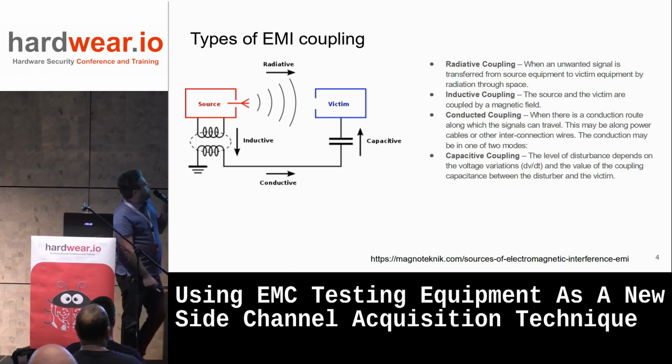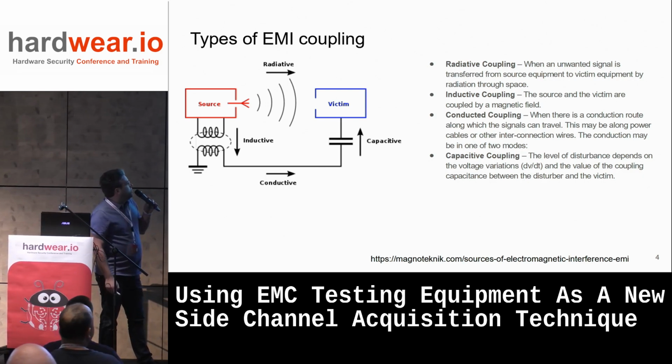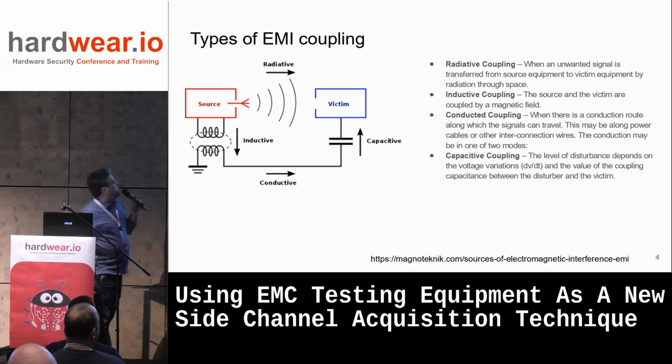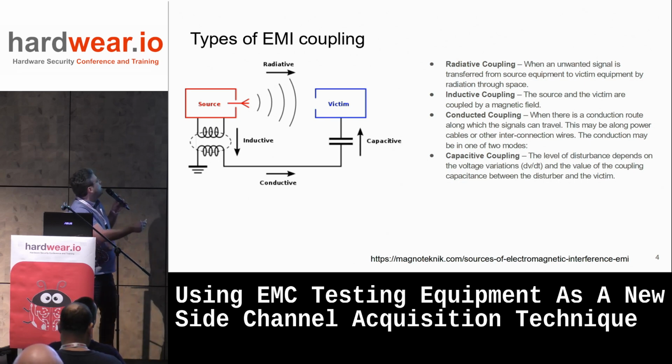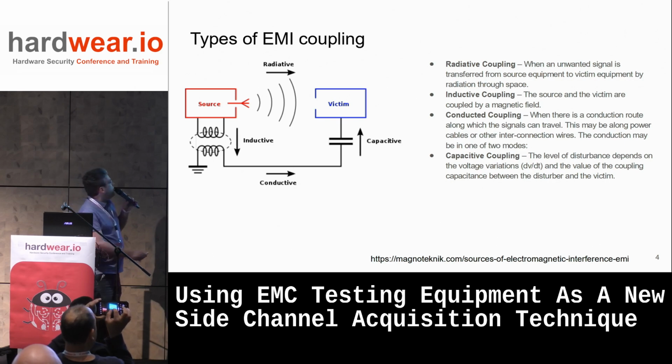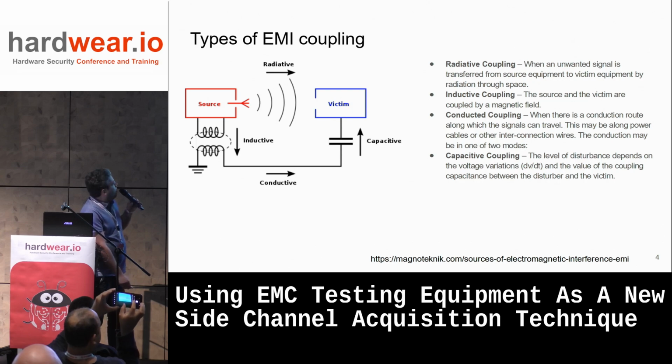So radiative coupling is when an unwanted signal is transferred from source equipment to victim's equipment by radiation through space. Inductive coupling is when the source and the victim are coupled by magnetic field. You can see there. So conductive coupling is what we will see today in detail. It's the purpose of the talk.